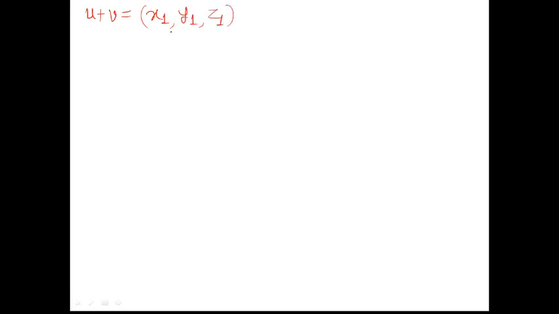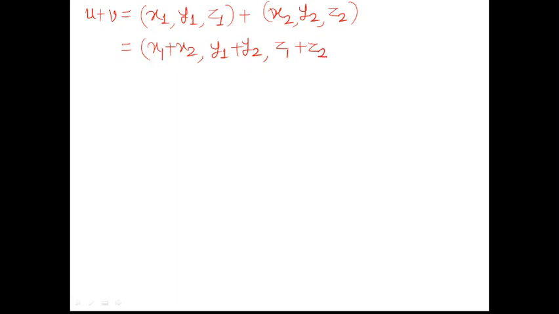U is x1, y1, z1, and V is x2, y2, z2, so we add their corresponding elements. It will be x1 plus x2, y1 plus y2, z1 plus z2.